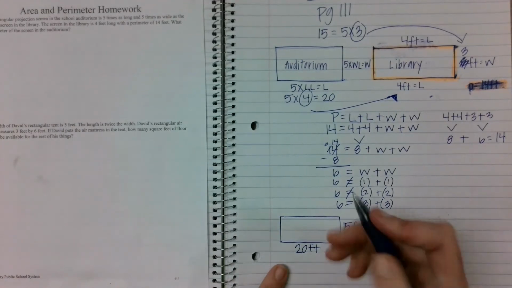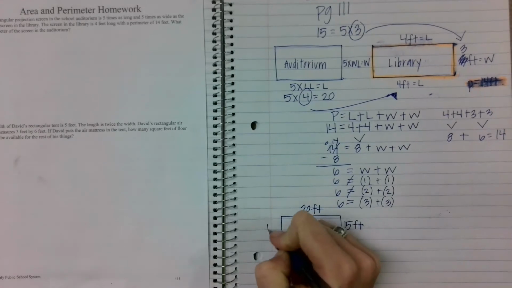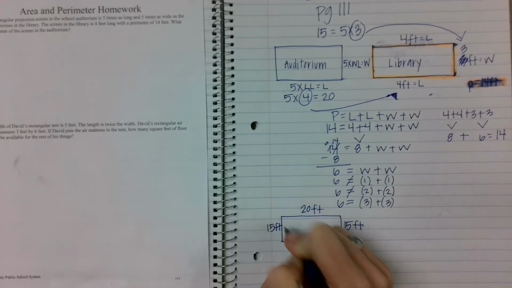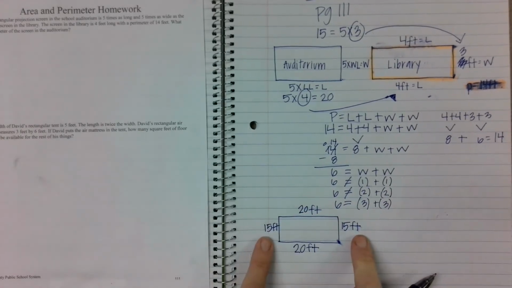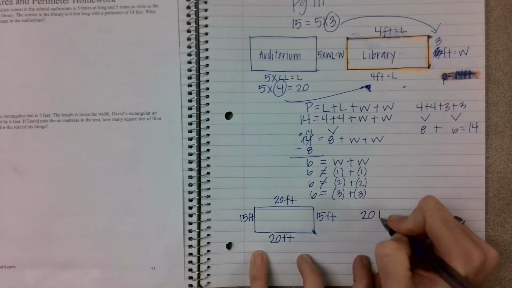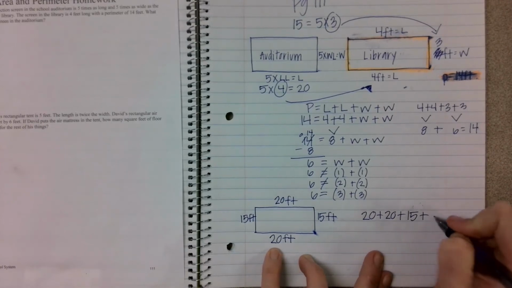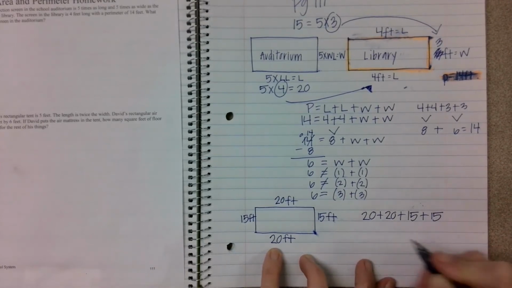They want to know the perimeter. So this has to be 20 and this has to be 15. So now I'm going to add it up. 20 plus 20 plus 15 plus 15.